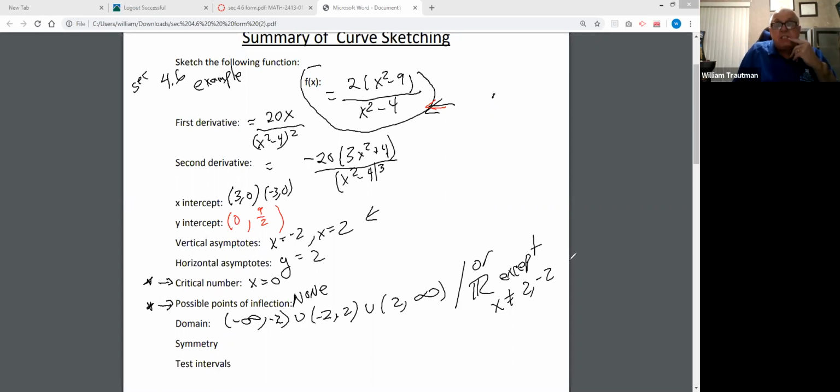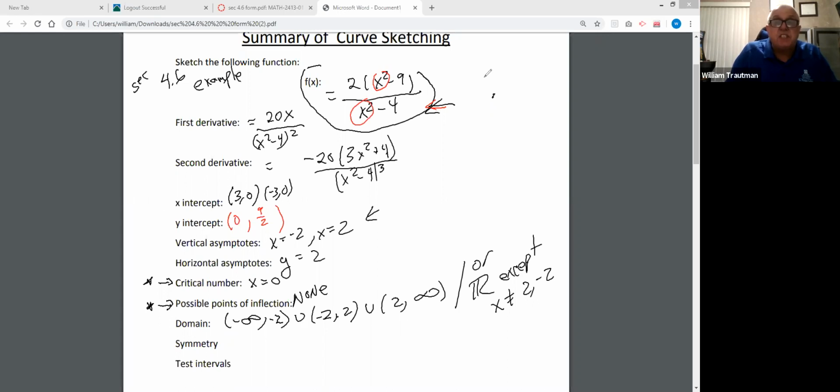Testing for symmetry. This is algebra. What makes this easy for symmetry, I think, is if you look at the original function, it has an x squared on top and an x squared on bottom.